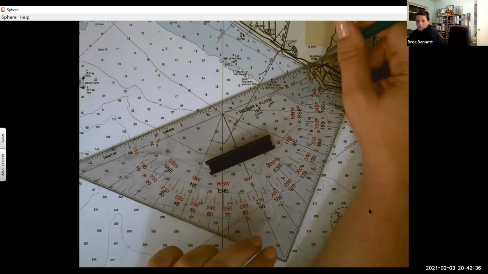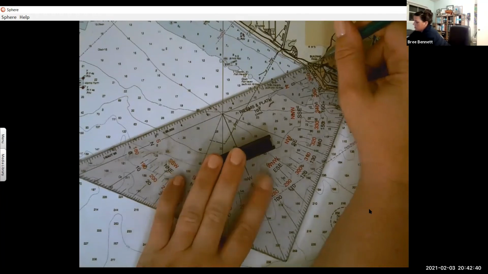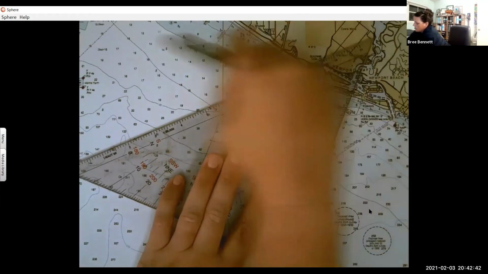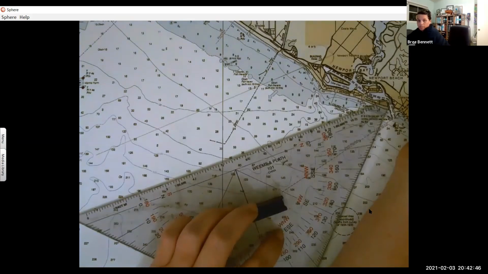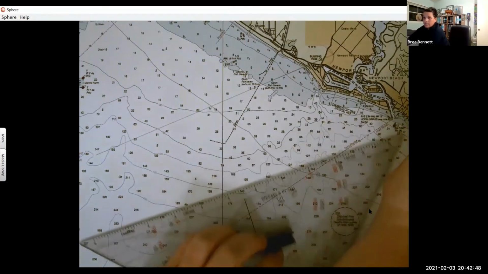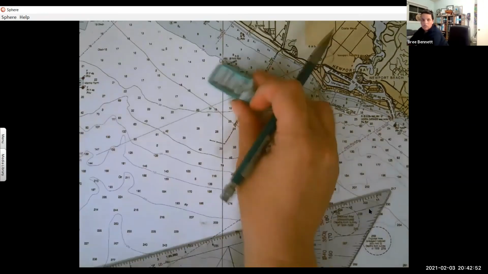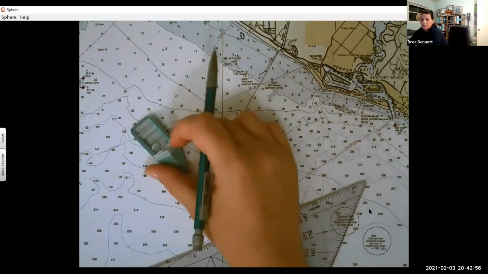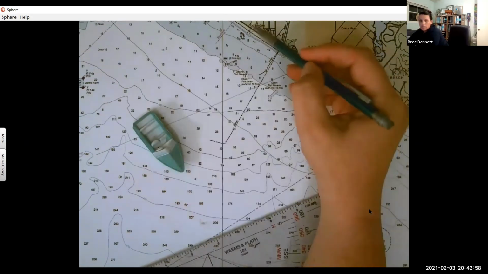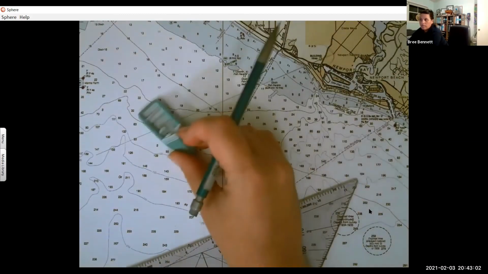And my pencil is already here. So I'm just going to push down and draw a line. With this information, I am somewhere on this line. I don't know where. But with the information from the other LOP I got, I can figure out where I am exactly.